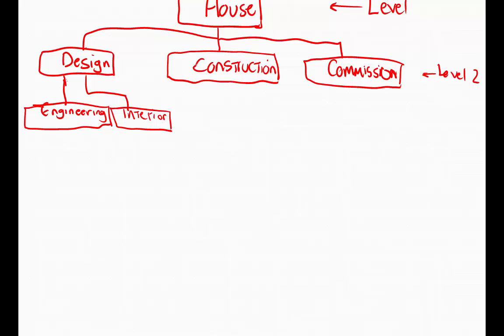In the construction deliverable, let's say there are also a couple of sub-deliverables that we can break this down into. So let's say there is above-grade construction and subgrade construction. So subgrade would be everything below ground, and above grade is everything above the ground. So let's say the sub-deliverables would be your subgrade construction and above grade.